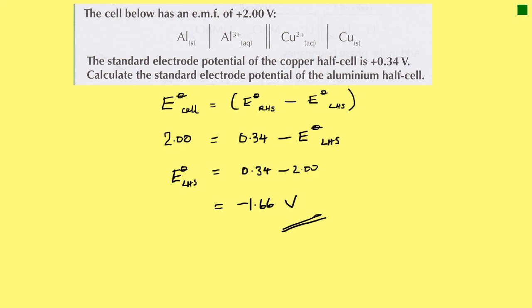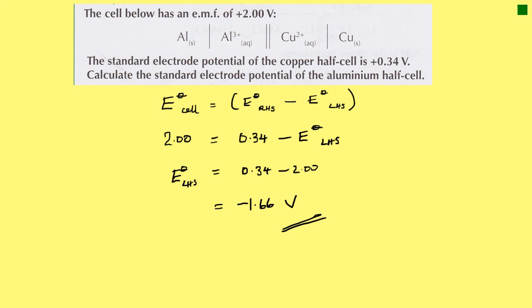We're given the electrode potential of the cell as 2 volts, so 2.00 is going to be this variable. The right hand side is going to be 0.34, and that leaves us with what we require, the electrode potential of the left hand side, which is the aluminium. So we're just going to rearrange this equation.